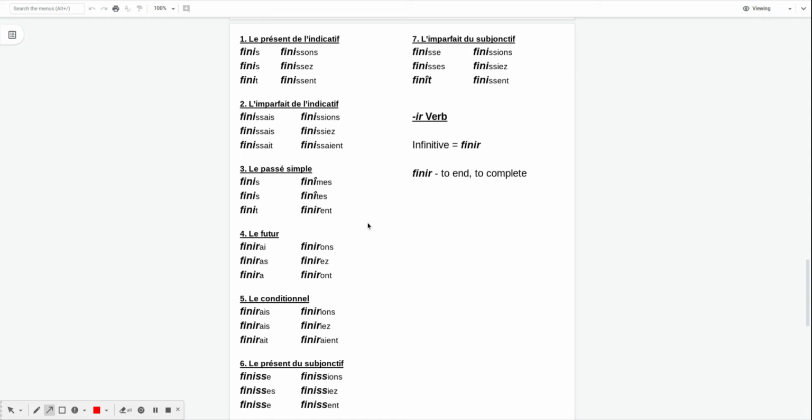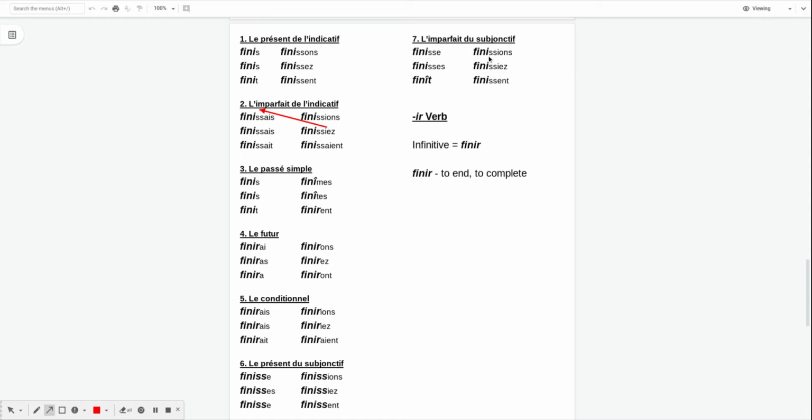So those are some patterns that you can memorize, and there are some tricks for that. For example, I always like to think of l'imparfait as adding an I over here on the plural side. So it gives you a little bit of a relationship between the I that you find there on the plural side and the I at the beginning of l'imparfait.